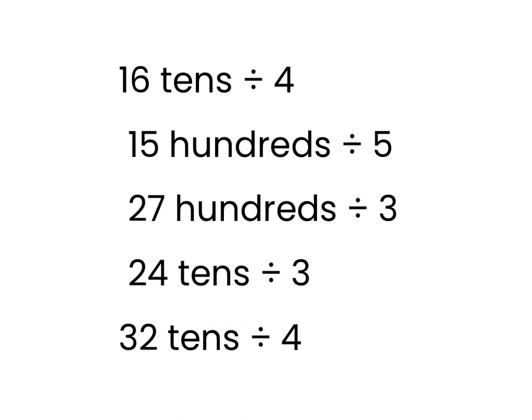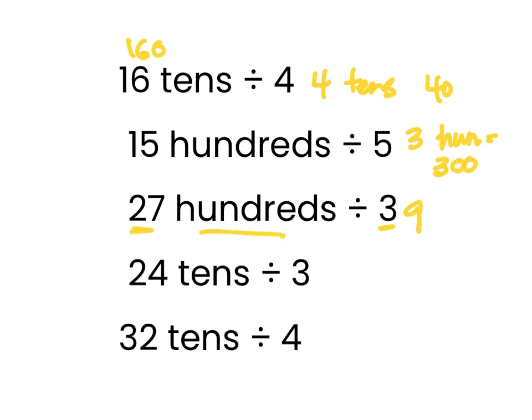Alrighty, 16 tens divided by 4, 4 tens, which is 40. 16 tens, by the way, is what? 160. 15 hundreds divided by 5 is 3 hundreds, or 300. 27 hundreds divided by 3, so we'll do the 27 divided by 3, well, that's 9 hundreds, so we'll have our hundreds, which is 900.